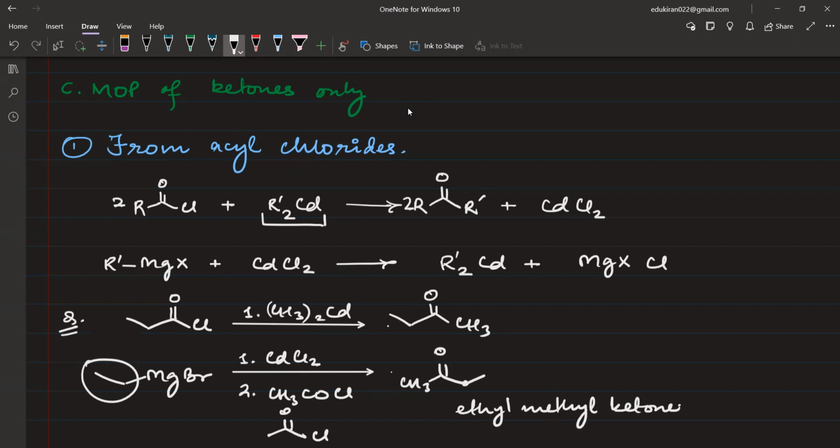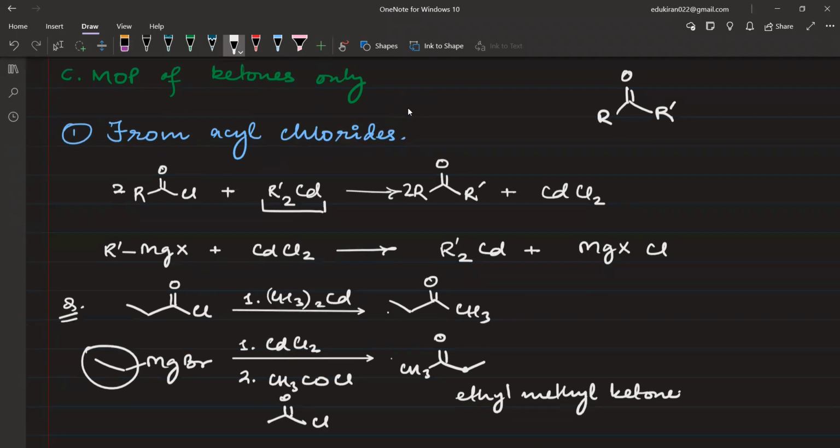So you have 2 alkyl groups in every ketone. In the case of acyl chloride, one of the alkyl groups will be coming from the acyl chloride, and the other alkyl group will be coming from the Grignard reagent originally. If not Grignard reagent, then the dialkyl cadmium. Okay, dialkyl cadmium. This dialkyl cadmium alkyl group is coming from the Grignard reagent. Okay, so please write this down. Here in the formation of product, you have to remember there are 2 alkyl groups. One of the alkyl groups is coming from acyl chloride.